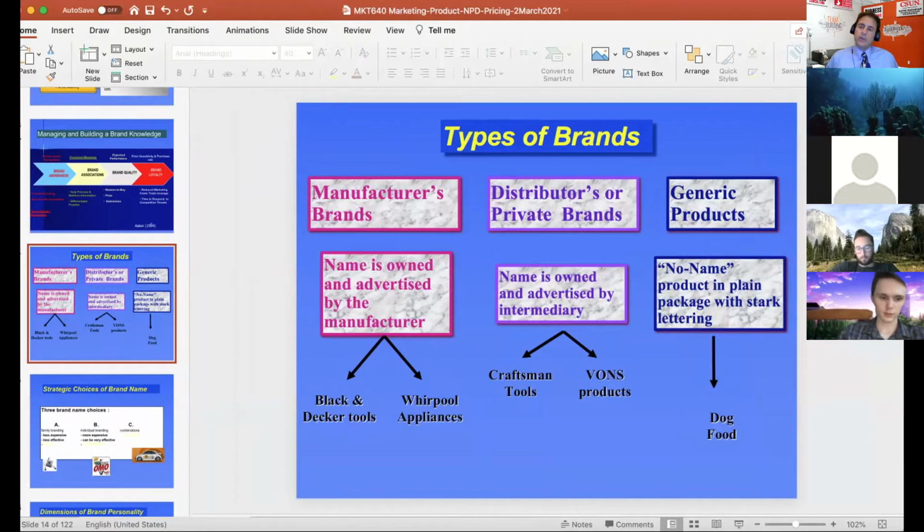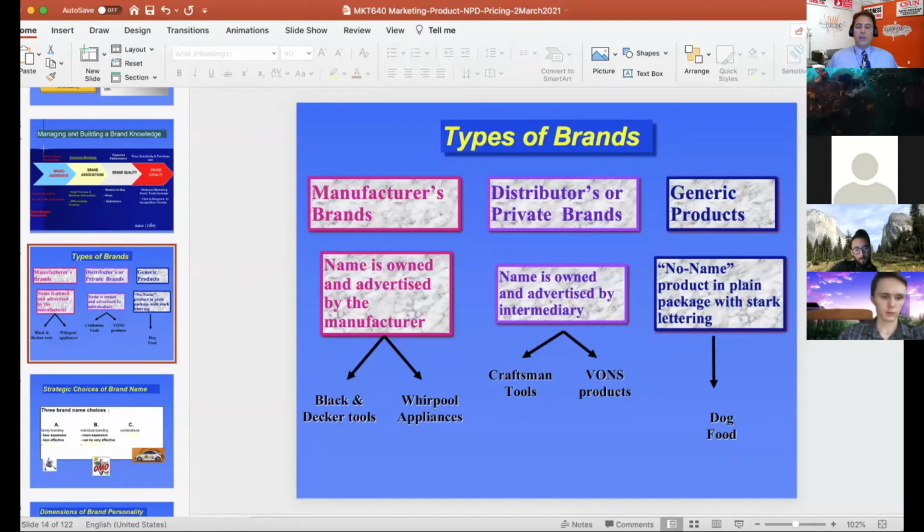So when you have a brand, you have to think about how you're going to sell it. Are you going to sell it under the brand of the manufacturer? Are you going to have one brand for all your products? Are you going to have one brand for a specific market and different brands for different markets? Or you're going to have no brand. So you're going to sell dog food, or you're going to sell Sears. Everything is Sears.